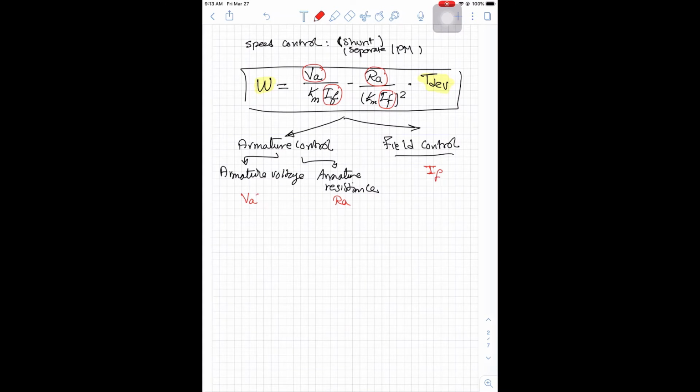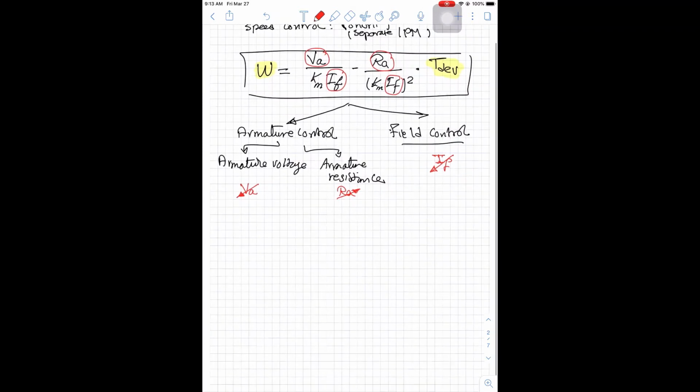As we said, we can reduce VA if we start from the rated value, we can increase RA because we are adding an external resistance, and we can reduce IF given that we started at the rated values. These are the three control variables, and these are the two categories we have: armature control and field control.